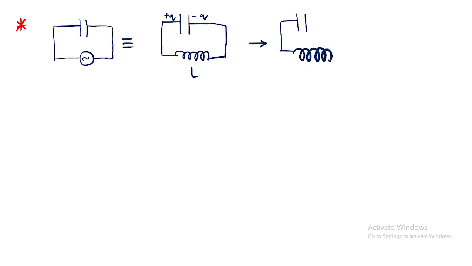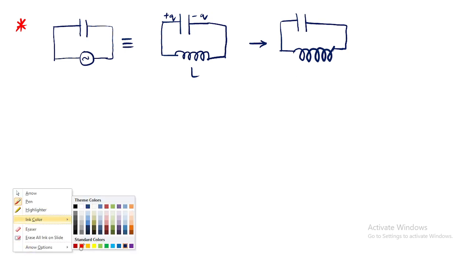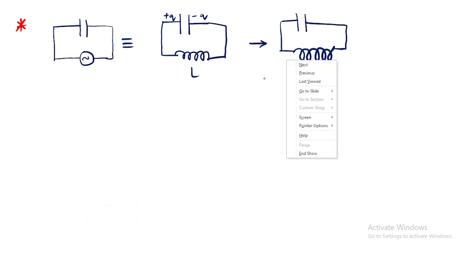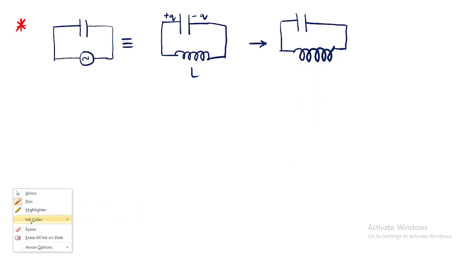The charge starts flowing to the inductor, and the inductor will try to give magnetic energy. Magnetic energy in the sense, it is becoming a magnet, like this.